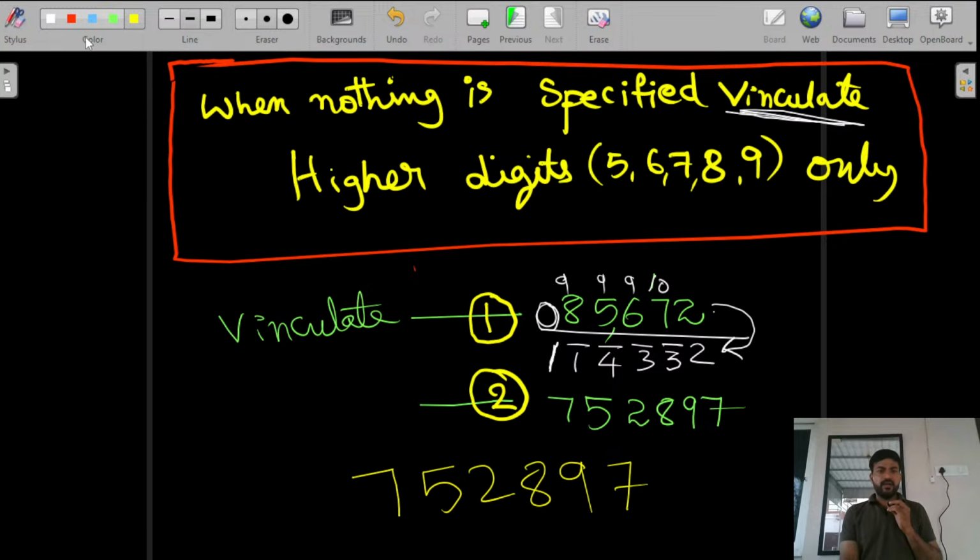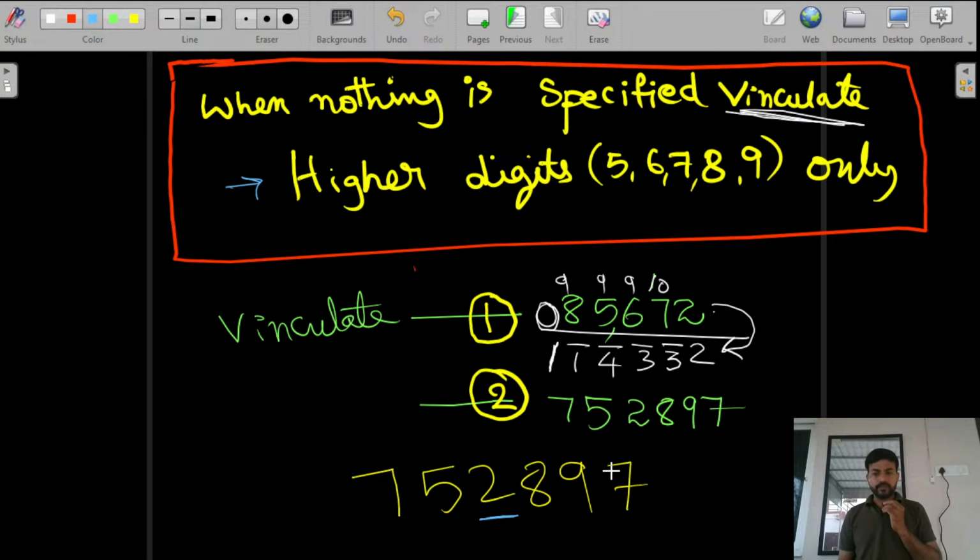We have only a few higher digits, and we have one lower digit, 2. So you cannot apply the all from 9, last from 10 concept. You should not vinculate 2 because 2 is already a lower digit. So why do we vinculate a number? Through vinculation we convert higher digits into lower digits, but here 2 is already a lower digit, we need not vinculate 2. That is the reason that when nothing is specified we vinculate higher digits only.